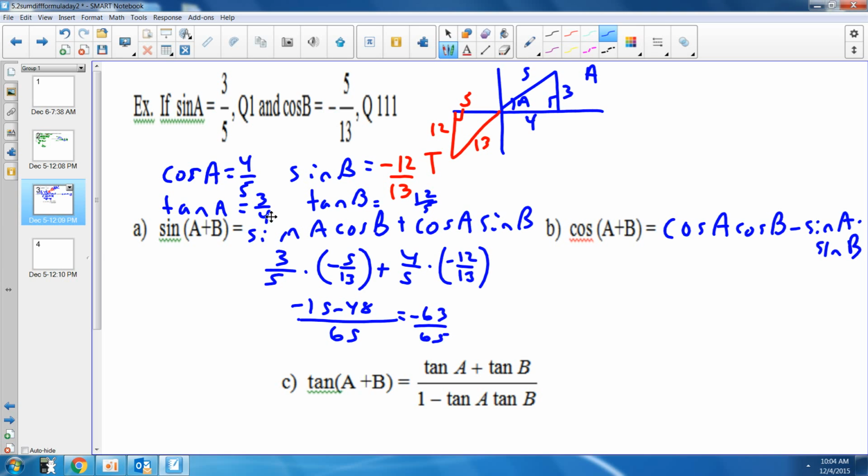Looking at the other one, again, just substituting in the fractions and simplifying. Cosine A, 4/5, cosine B, negative 5/13, minus sine A, 3/5, sine B, which is going to be negative 12/13.